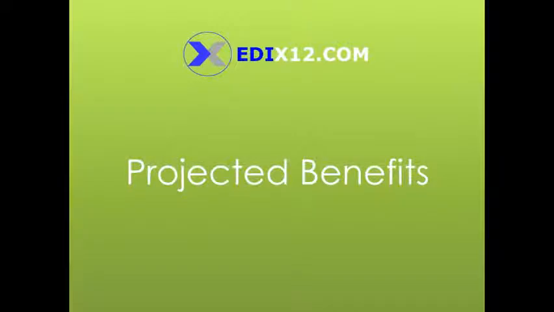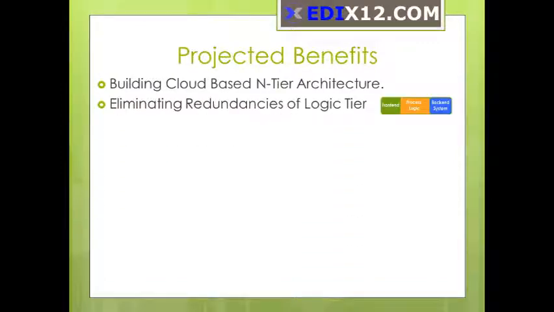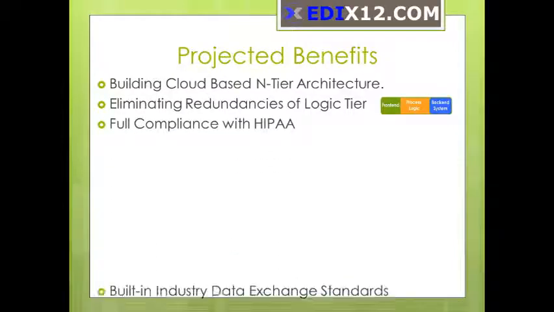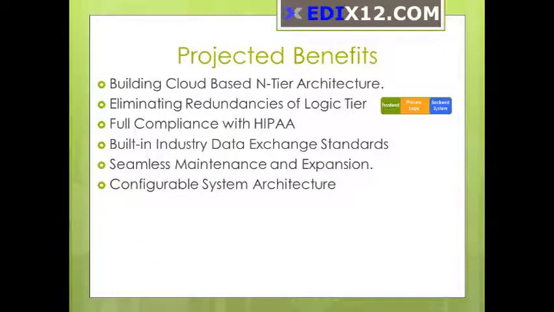There are many benefits of the Real-Time 2.1 cloud-based system, such as a cloud-based N-tier architecture to be expanded to other transactions, elimination of redundancies of the logical tier, full compliance with HIPAA, built-in X12 data standard, seamless maintenance and expansion, and configurable system architecture.